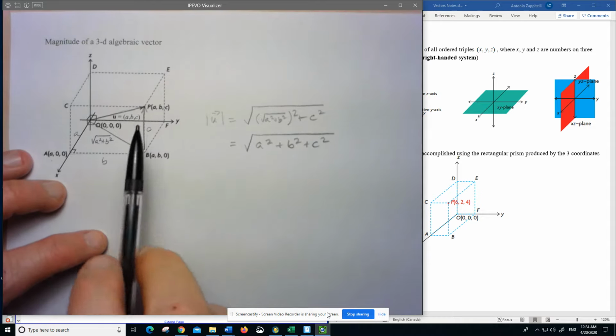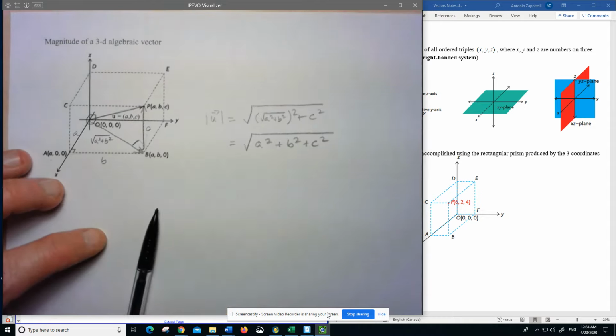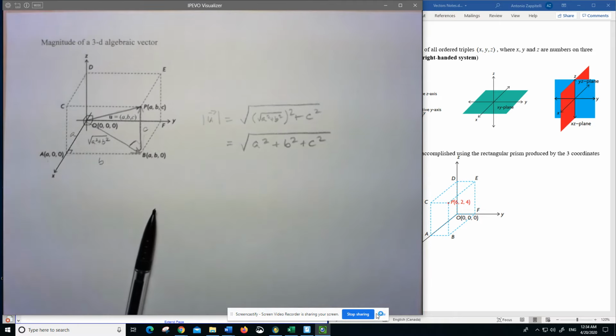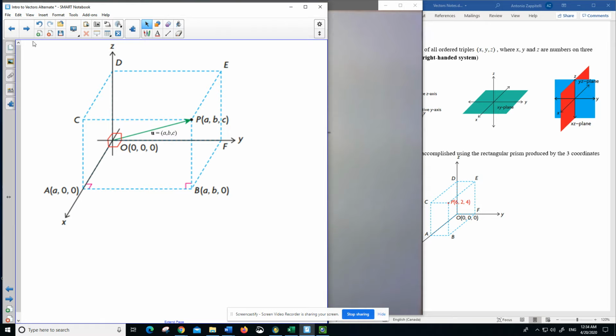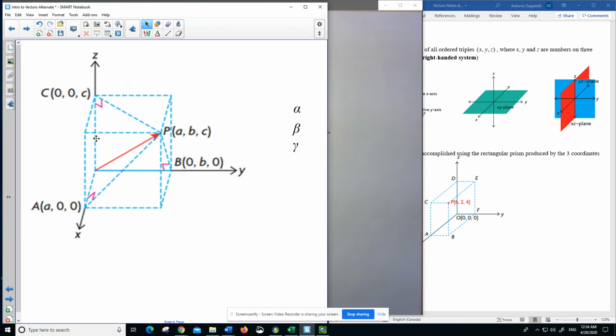Okay, now you notice here I don't say much about the direction of a 3D vector, and that's because we're not going to spend too much time on it. I'll just show you what we mean by the direction of a 3D vector, and you'll see why you'll be happy to avoid it. The way we define the direction of a 3D vector is we actually use three angles.